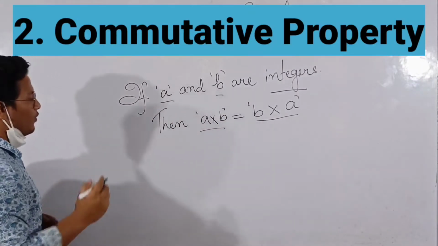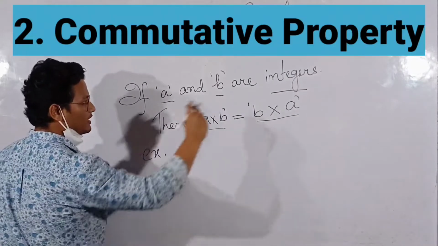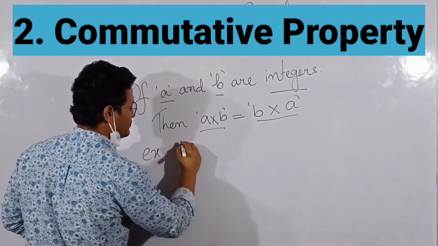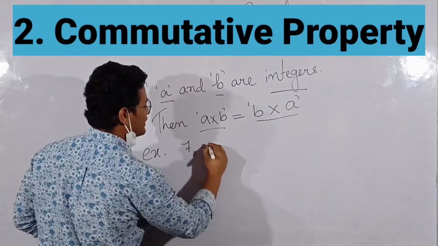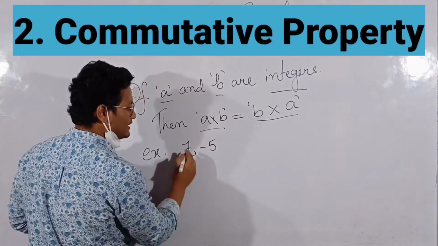We'll understand this with the help of an example. Suppose let us consider A and B are 7 and -5. These are two integers, right?